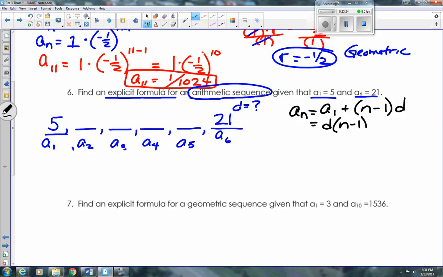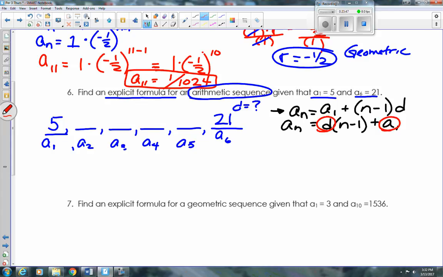Eventually, when you're used to this rearranging, I'm going to go straight to this rearranged form. But for now, I'm going to start out with this, which is the same as you get on your reference sheet.